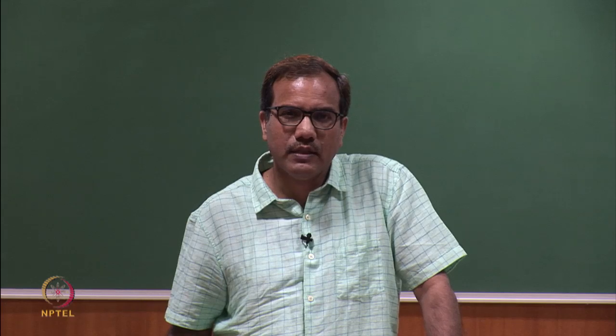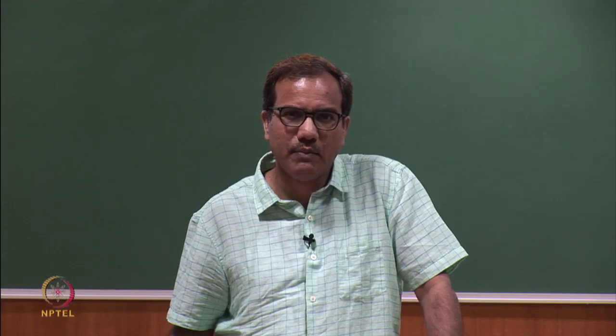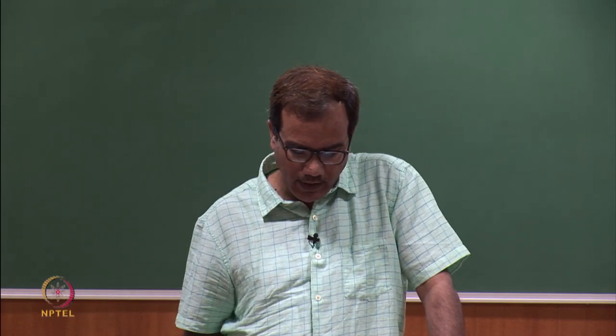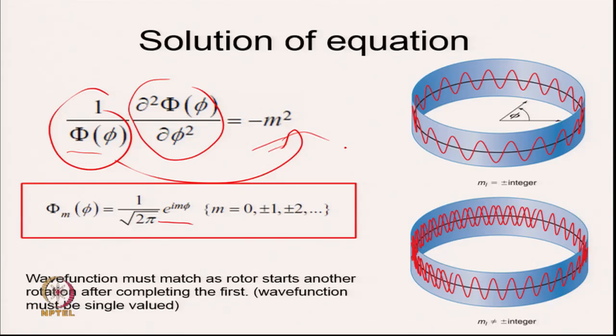So, once you know the solution, now we have to apply boundary conditions, because the wave function must match as the rotor starts another rotation after completing one. So, this is the boundary condition.